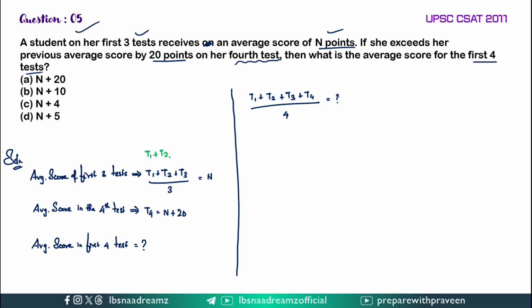T1 plus T2 plus T3 is equal to, cross multiply this, 3n. Similarly, T4 is equal to n plus 20. So we can substitute this value here. T1 plus T2 plus T3 is equal to 3n plus T4 is equal to n plus 20 divided by 4. 3n plus n is equal to 4n plus 20 divided by 4.